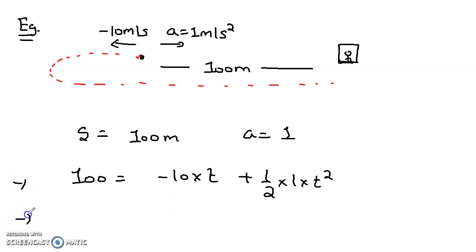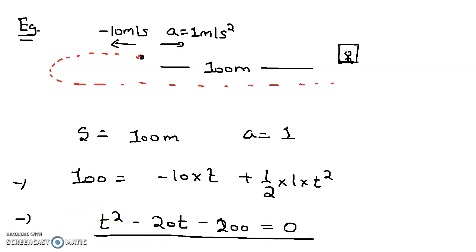You just need to solve it, so t square minus 20t minus 200. Whatever the solution is, you use the quadratic equation, solve it, and you will get the answer.